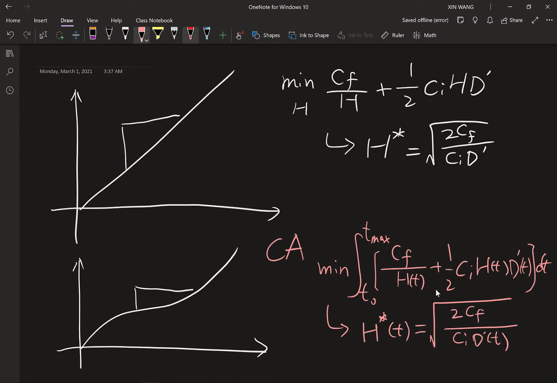You can compare the constant demand case and the CA case. Actually, the only difference is that our CA solution just adds a time dimension for the input demand rate in the constant demand rate case.